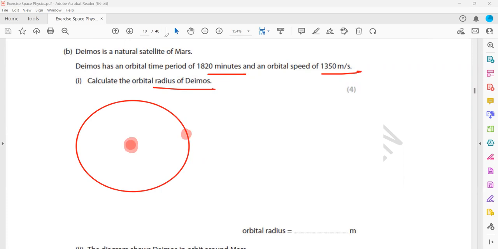We want to determine this orbital radius, which you can call small r or capital R.